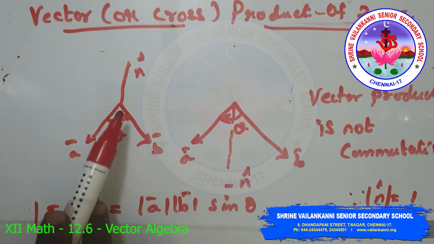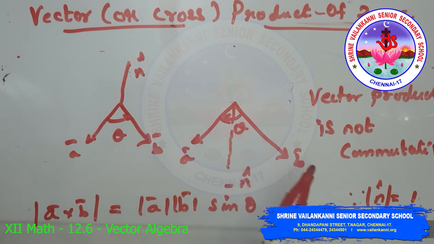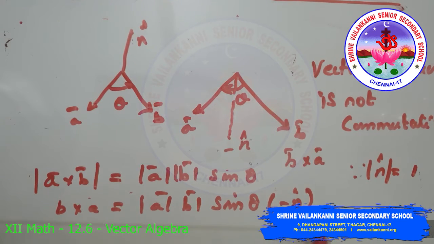N cap indicates the direction of A cross B, and minus n cap indicates the direction of B cross A. So B cross A is equal to magnitude of A into B sin theta of minus n cap.